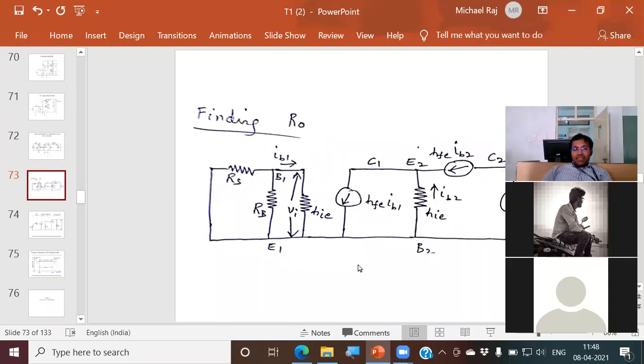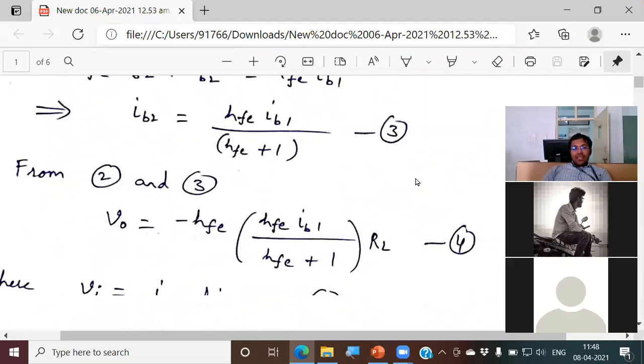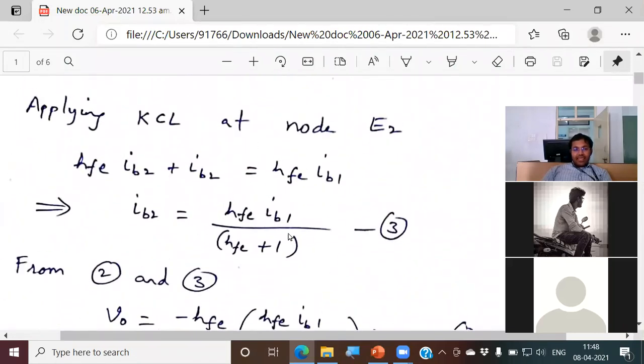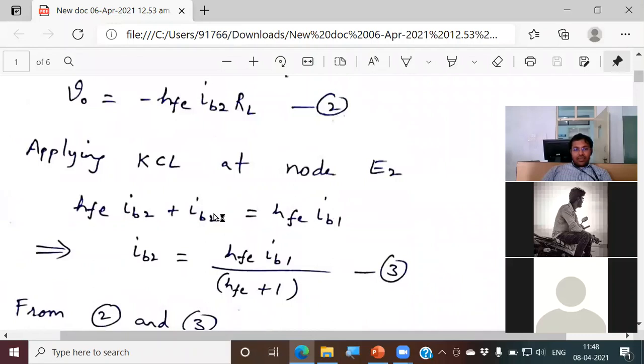Remaining changes I made, but this part is as it is, which means it is the same KCL equation we got yesterday. So the same KCL equation I will reuse, equation number 3. This is the same equation which your friend has told just now: HFE IB2 plus IB2 is equal to HFE IB1.